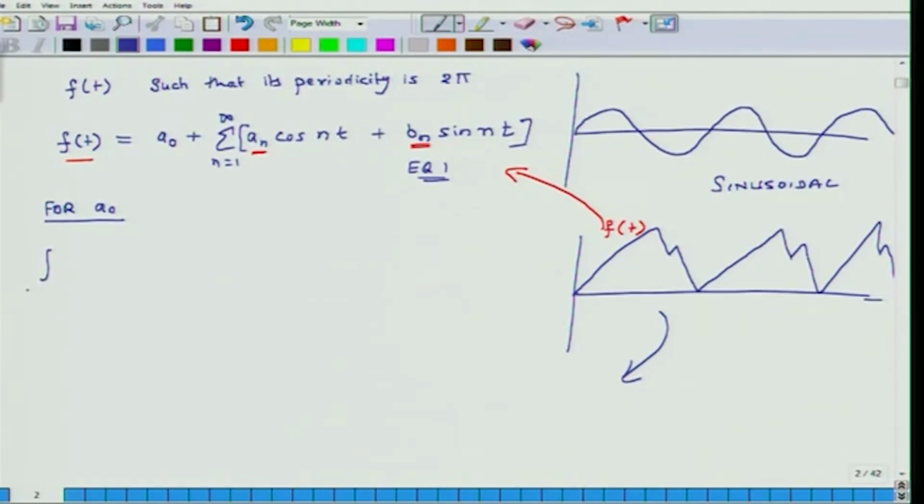So this is what I will do: integral from minus pi to pi of f of t dt equals integral from minus pi to pi of a naught plus a n cosine nt plus b n sine nt dt. Excuse me, I am somehow stuck with x.